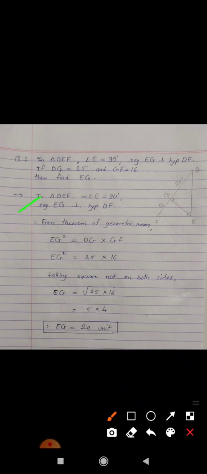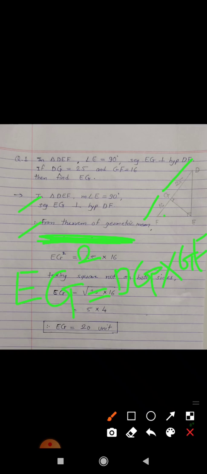So these are the given points. Here I use this geometric mean theorem. We can apply this theorem in this diagram. So in this diagram EG is the geometric mean, so take its square, which is equal to the product of the two parts of the hypotenuse. One part is DG and the second part is GF.